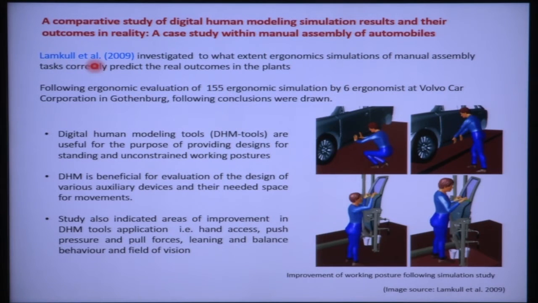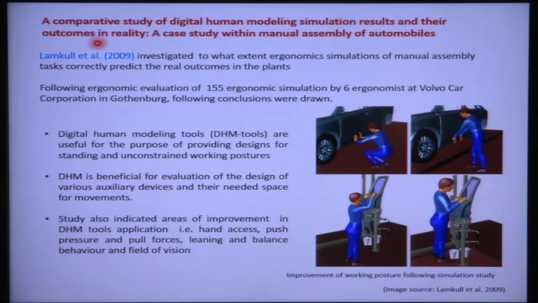Lamcool et al. 2009, in their research paper entitled a comparative study of digital human modeling simulation results and their outcomes in reality, compared the results from the human modeling simulation with the results in reality.